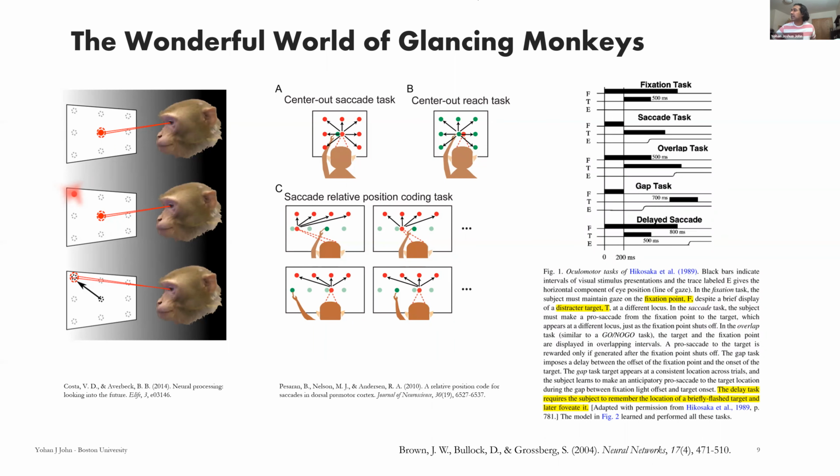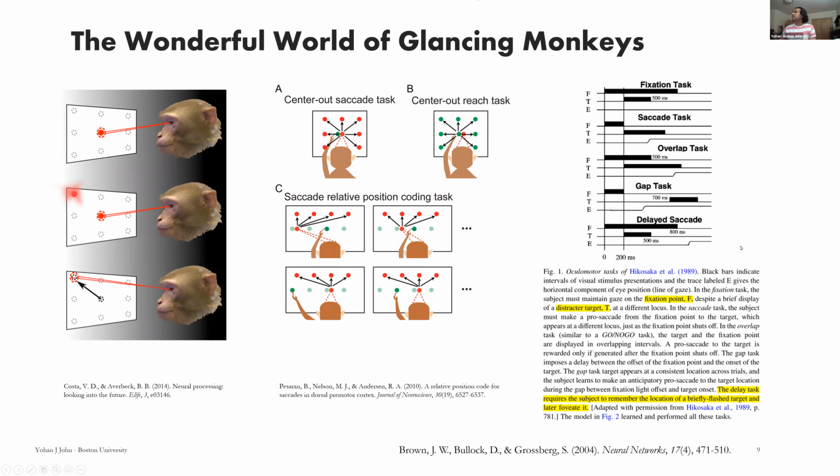So the specific tasks that they modeled were from this early Hikosaka paper. And so they have a fixation task where you just have to keep the eye on a fixation in the middle of the screen. A distractor comes on and you're supposed to just not look at it.